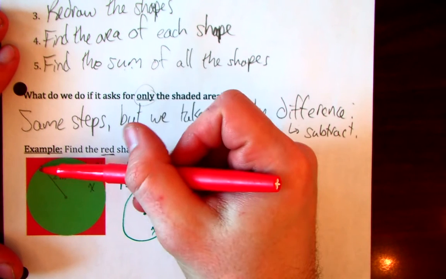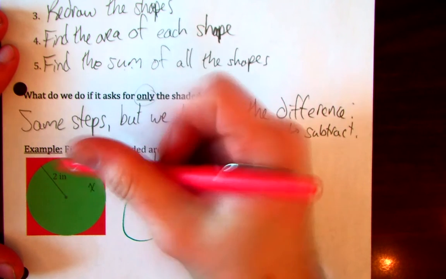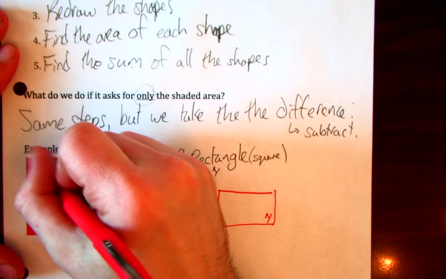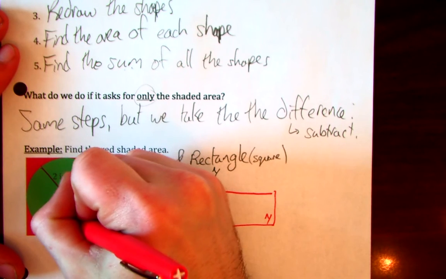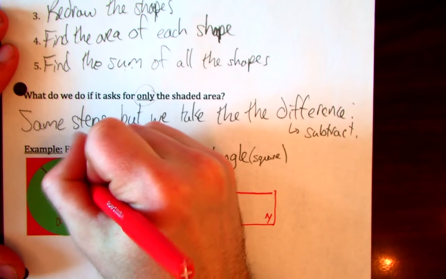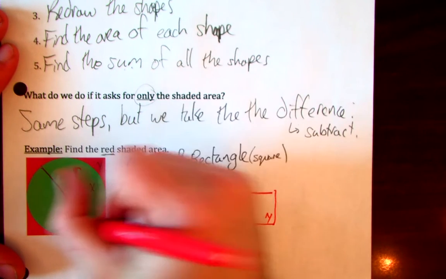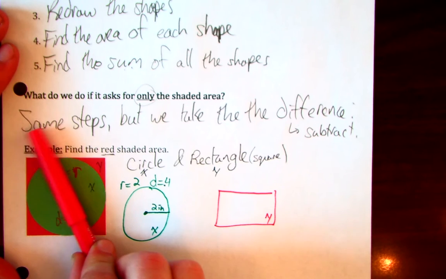If you say that this radius is 2, that means that this entire length, this diameter, is 4. Let's try that again. Our radius is 2, our diameter is 4, and so if you think about it, what happens when we turn it?